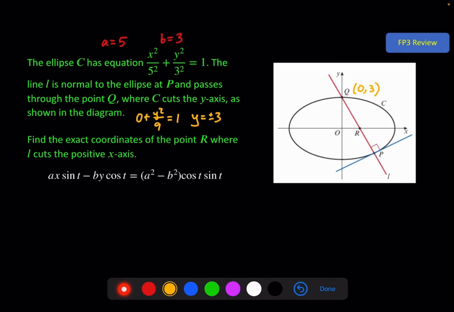Okay, the coordinates of Q, that is on the line and on the ellipse. Because it's on the line as well, it must also satisfy the equation of the line.